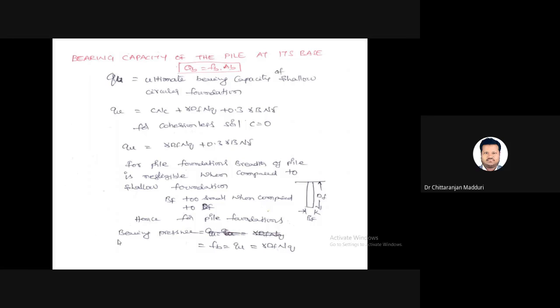At the same time, for pile foundations, the width of the pile is negligible when compared to the depth of the pile, because the depth is more and the width is very small. So the third term is also negligible. So the bearing capacity at the bottom of the pile is only the middle one, gamma Df into Nq.